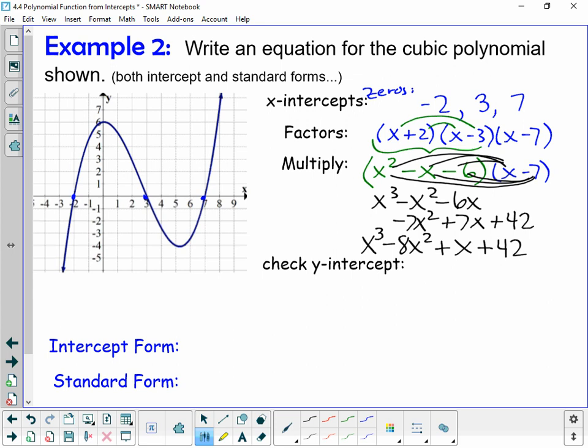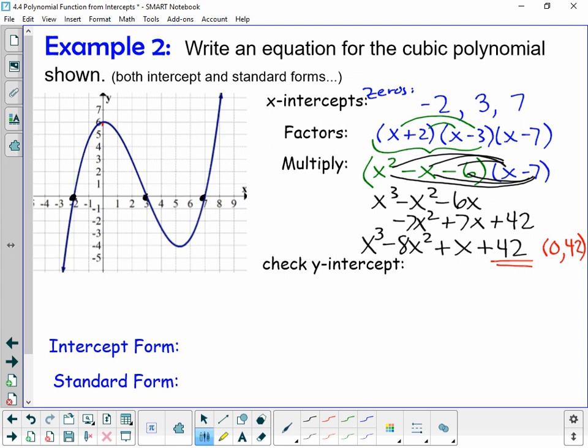Now, this function that we have written right here, x to the third minus 8x squared, etc., definitely goes through these points. But we've talked about x-intercepts before. My function that I have written right now has a y-intercept of 42. If I plug 0 into my function, I have a y-intercept of 42.